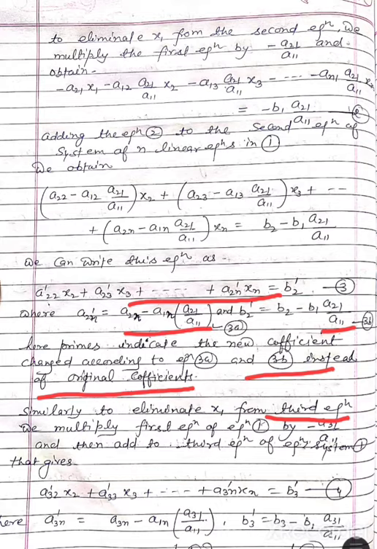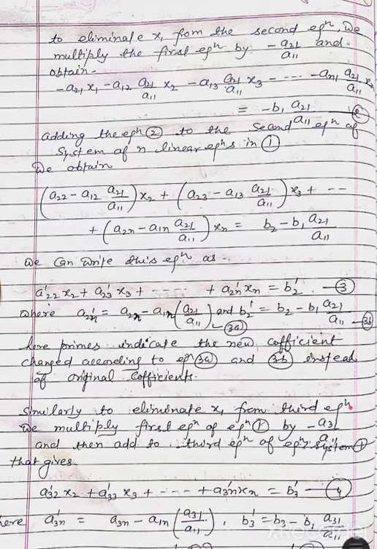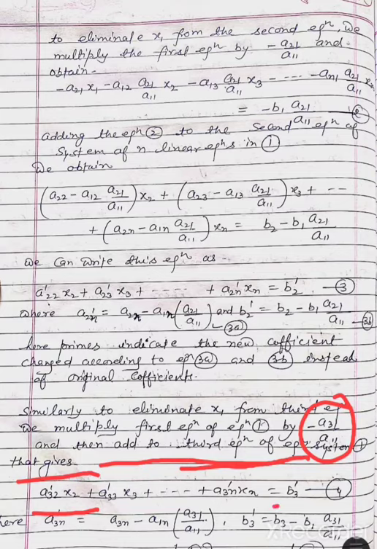For elimination of x1 from the third equation, we multiply the first equation of the given equation system by minus a31 over a11 and add this multiplied equation to the third equation, which gives a32 prime x2 plus a33 prime x3 plus dot dot dot up to a3n prime xn equals b3 prime.